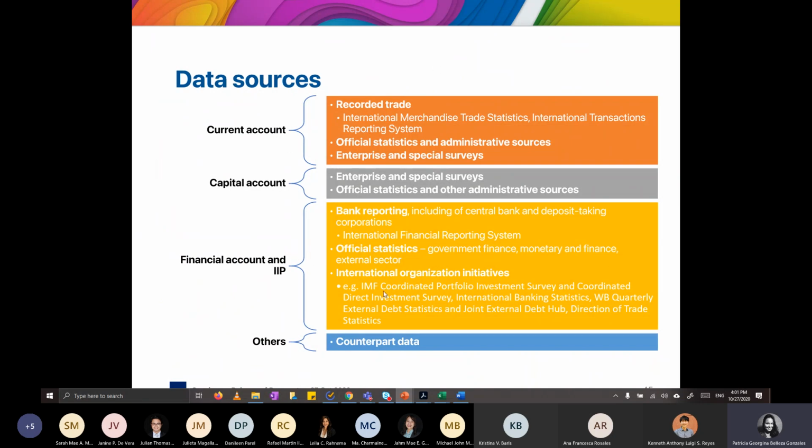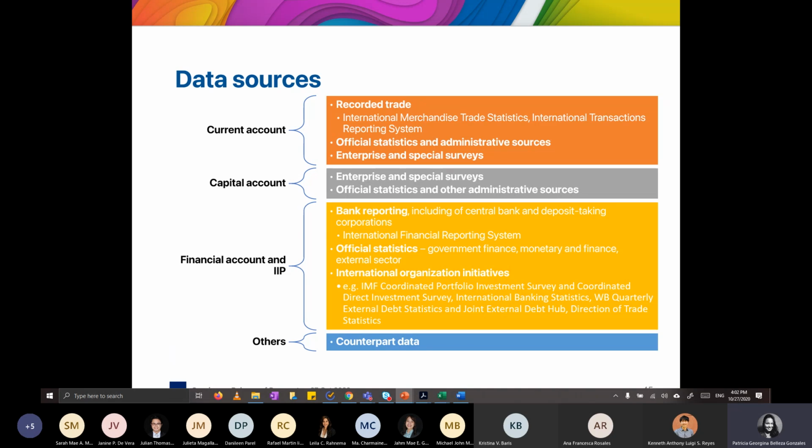These are just some of the sources for each of the accounts. For the current account, you use trade, official statistics and administrative sources, enterprise and special surveys. For the capital account, surveys, also statistics and other administrative sources. In the financial account, you have bank reporting, official statistics, and some international organization initiatives. And then for others, they use counterpart data, especially for economies with low statistical capacities.